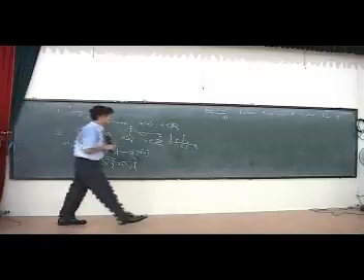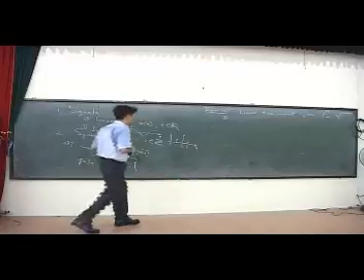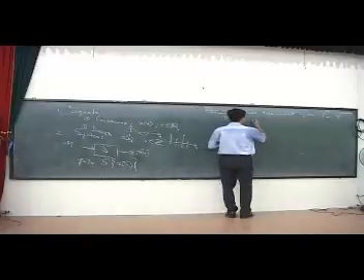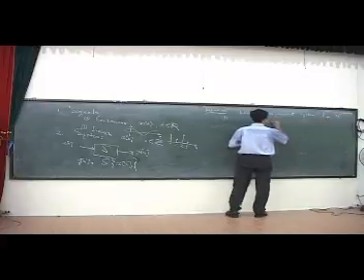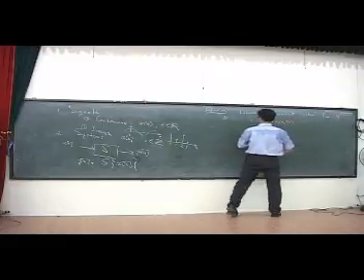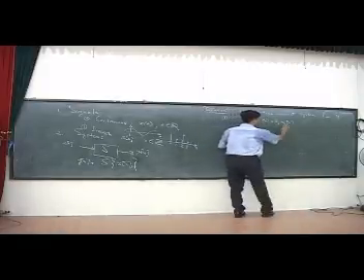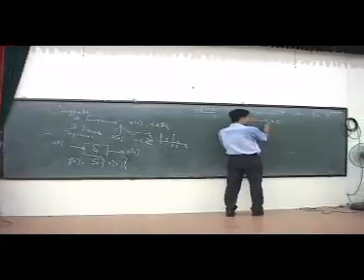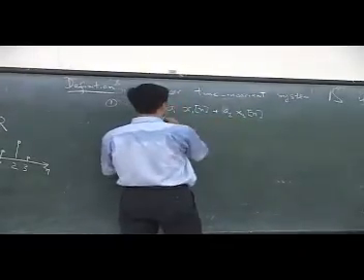Now it is going to be a linear system in the sense that if I have A1 x1 n plus A2 x2 n, I take these two signals, take the linear combination of them, and put them through the system.